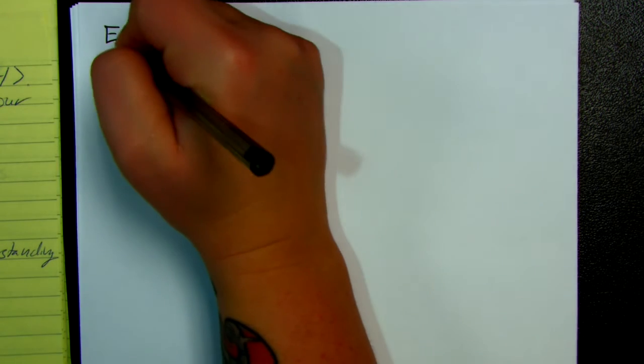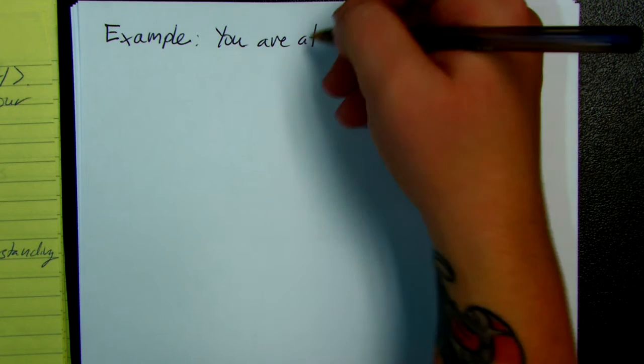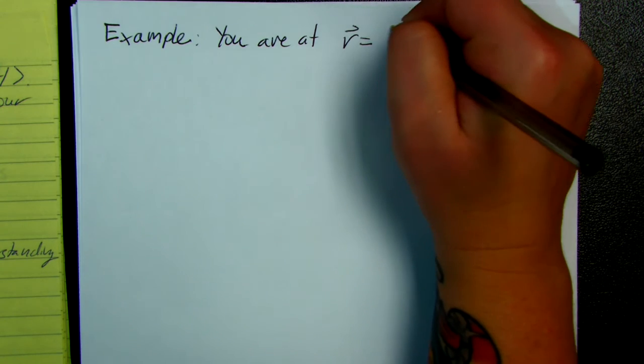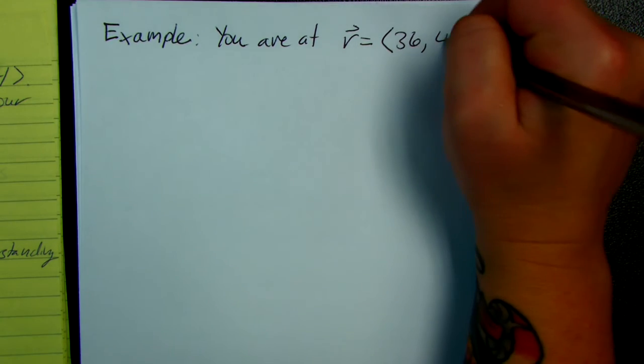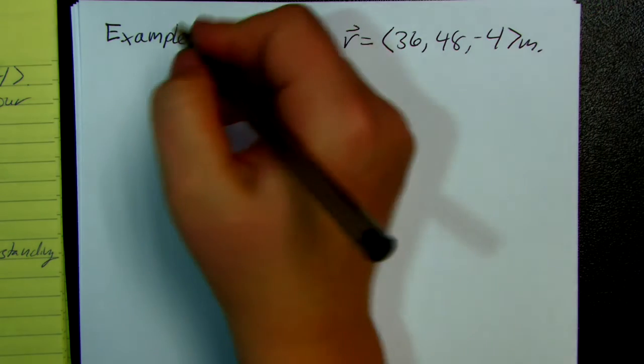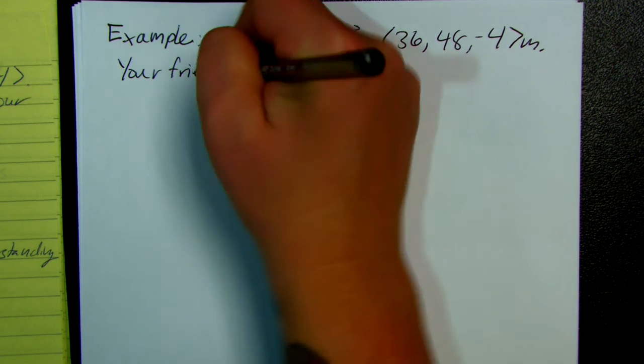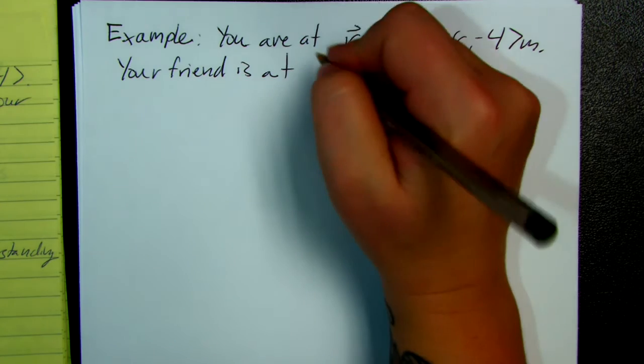So let's do just a quick example to illustrate the vector operations that you learned. Example: you are at position r equal to 36, 48, minus 4 meters.